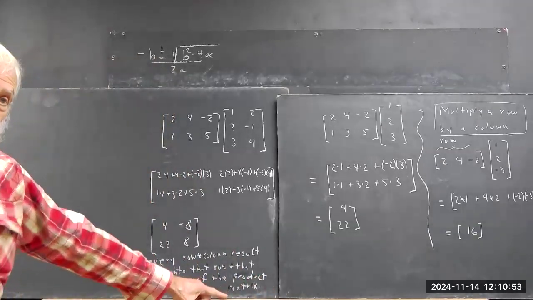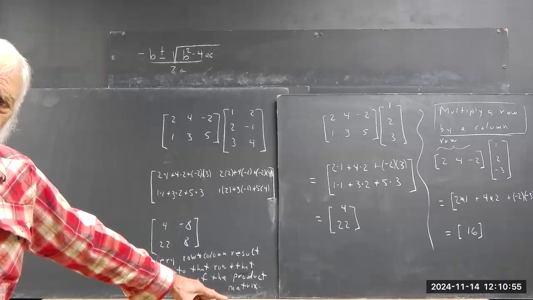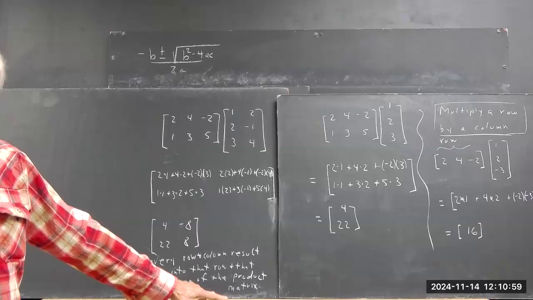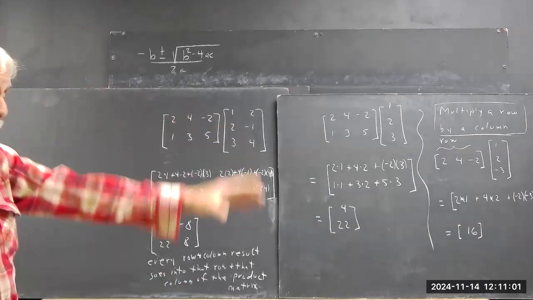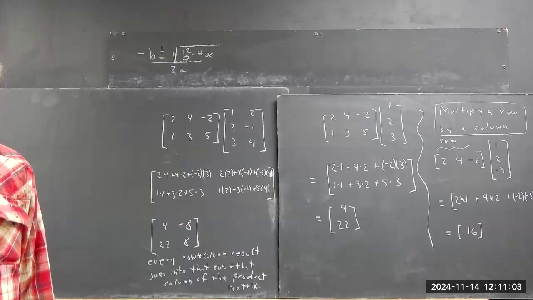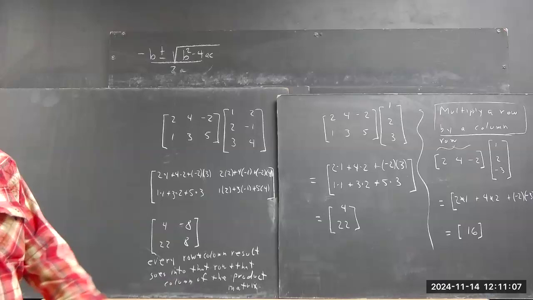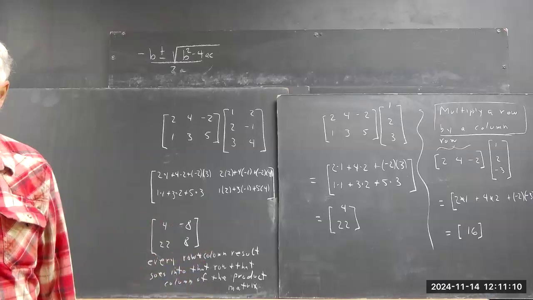Now, I just used the word matrix. I've used it a couple of times, but I just wrote it out, so I better define what I mean. It just means an array of rows and columns.